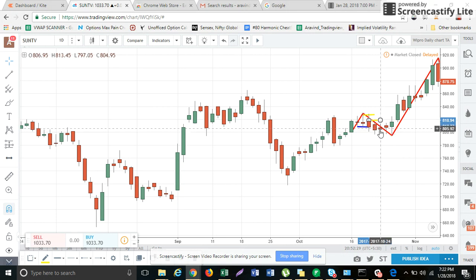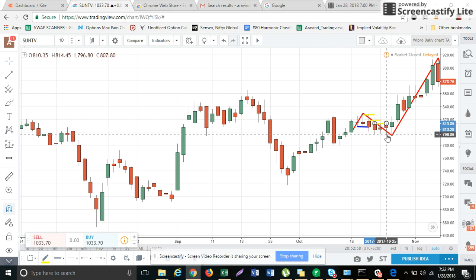And the next day, it didn't make a swing low, but it was giving a hint that it is going sideways, and it is a doji as well. So better we update our trailing stop loss to the high of that particular candle, which is 813.45.